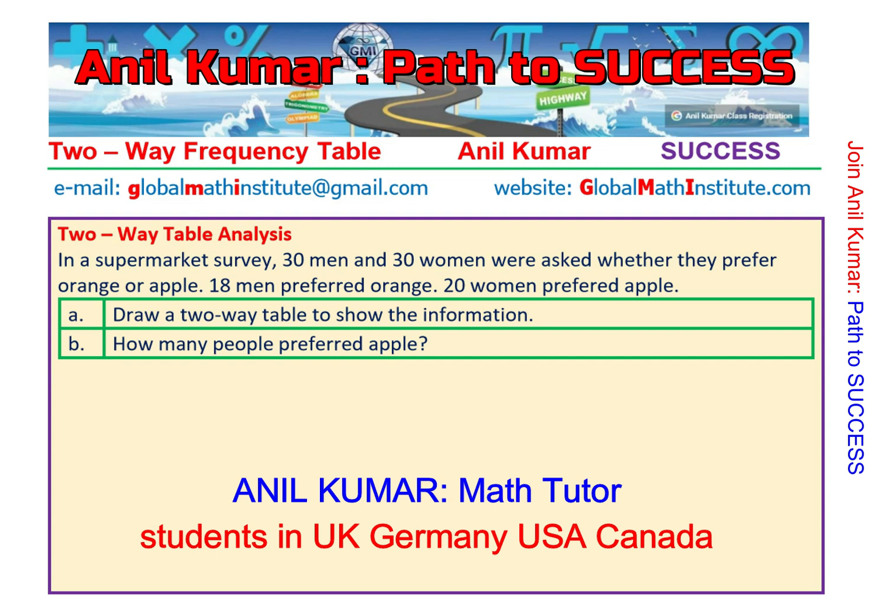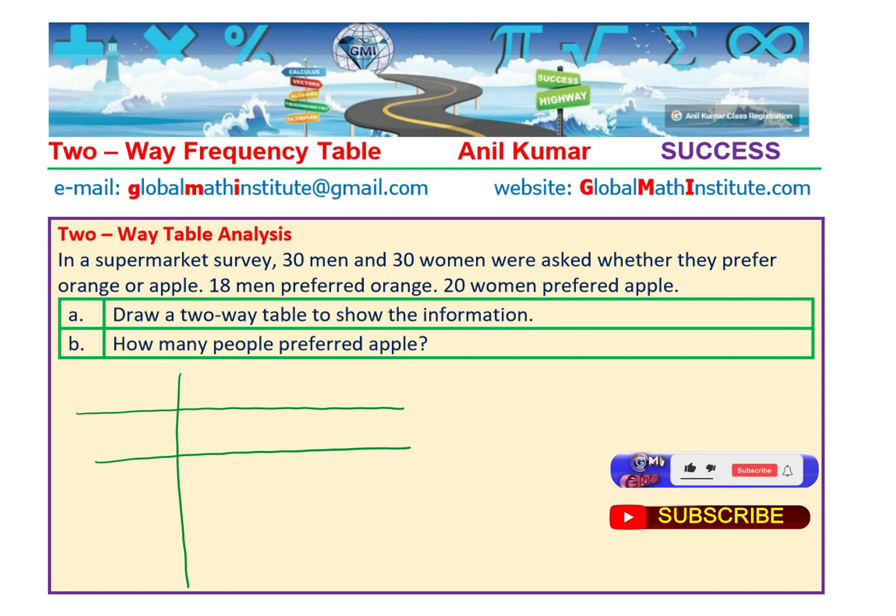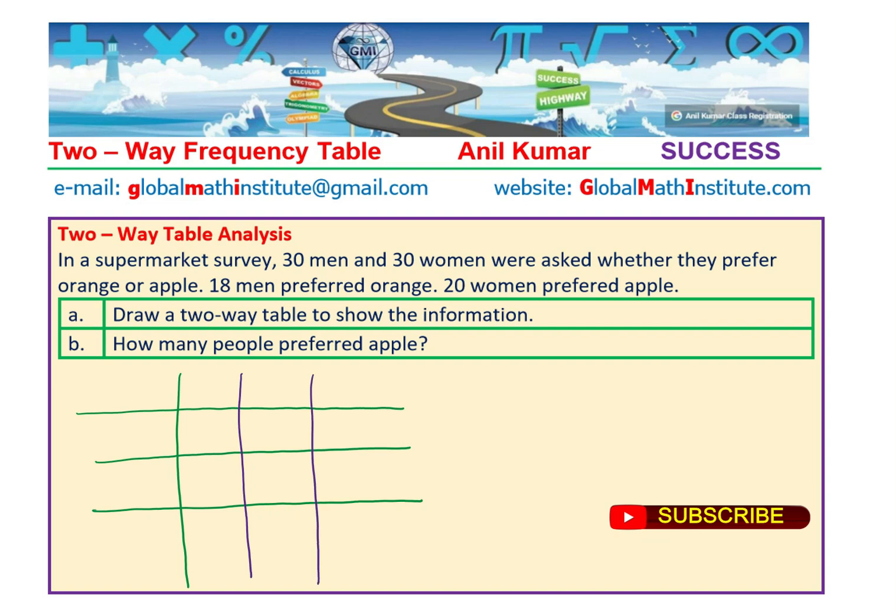Right. So we have rows and columns as we did earlier. It is your choice to make apples or oranges rows or columns. It is absolutely your choice. So what we will do here is make the columns.